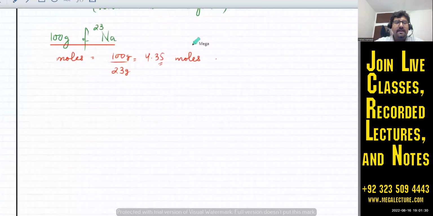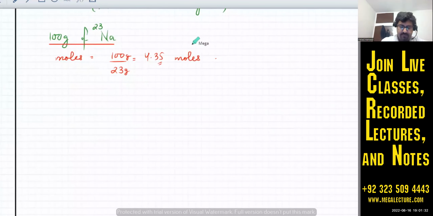So you can find, let me highlight. This over here is the molar mass of sodium, or we can say the AR of sodium atoms.